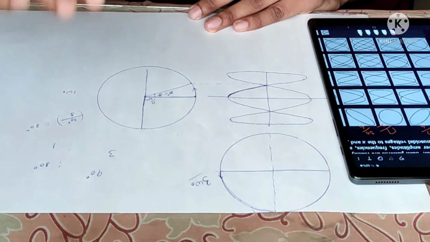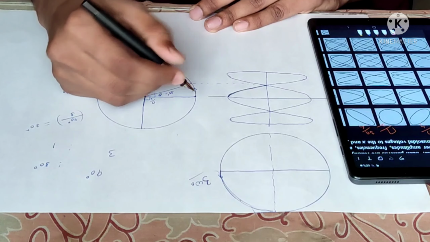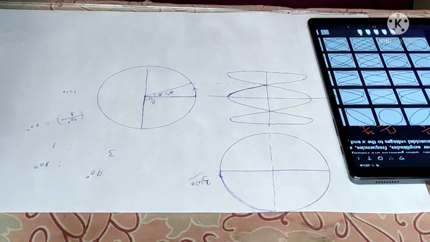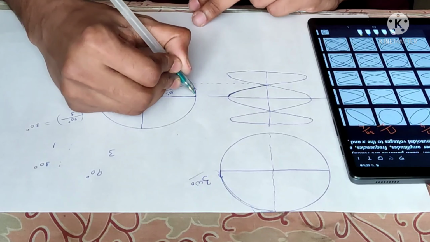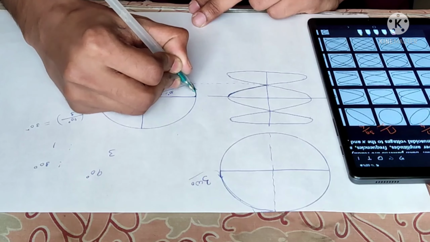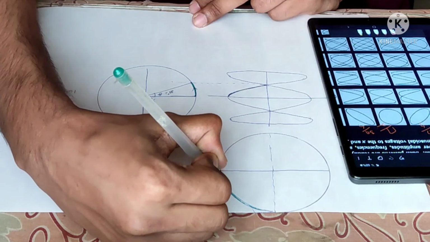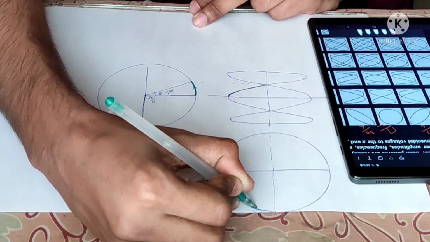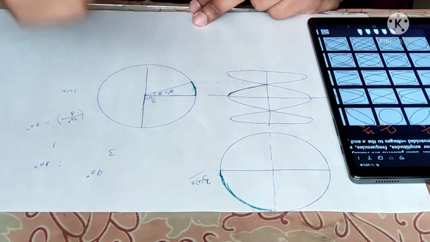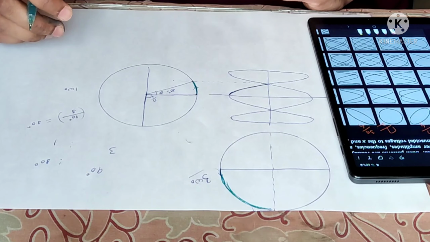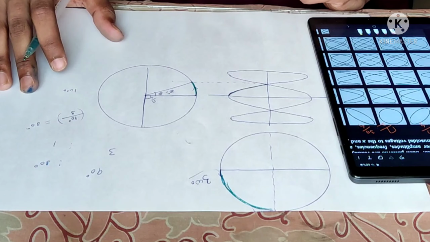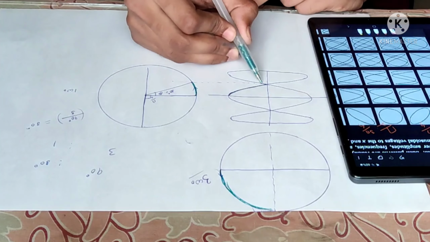So now what we have found out is that, use a pencil. The culmination of this segment and this segment for this particular SHM gives rise to this segment.